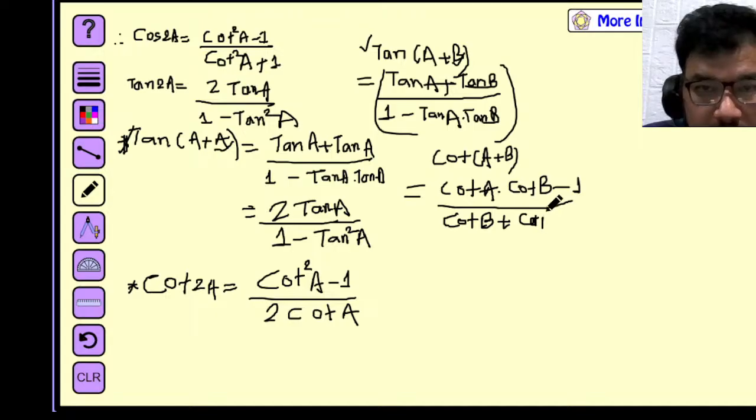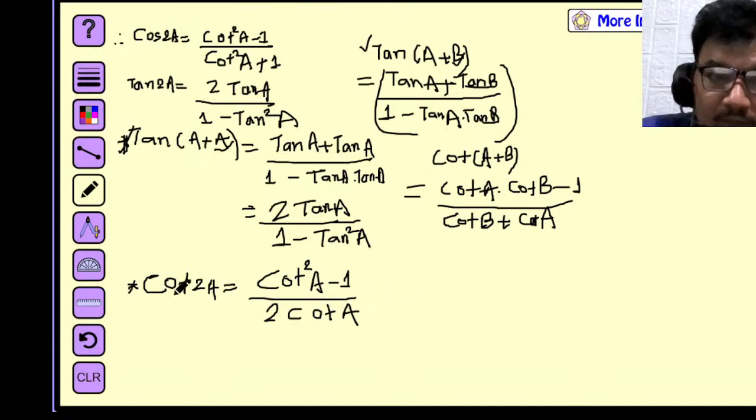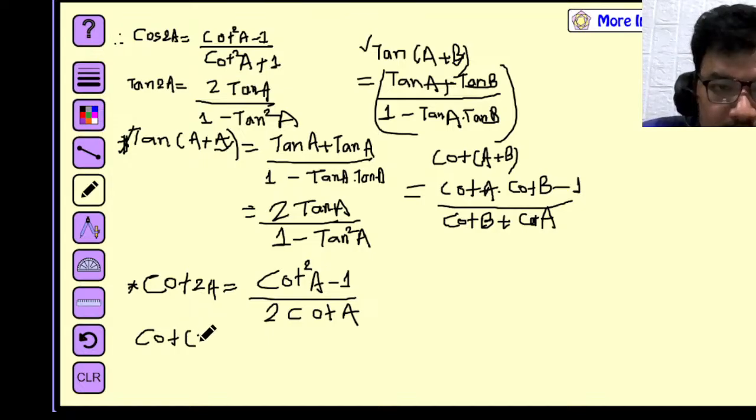Let's use this formula here. By putting the values, cot A plus A will be there, because A plus A is 2A.